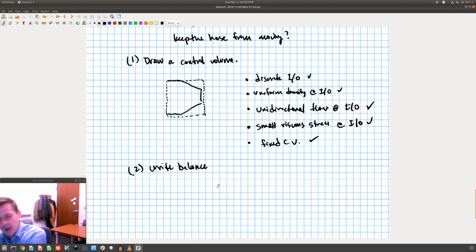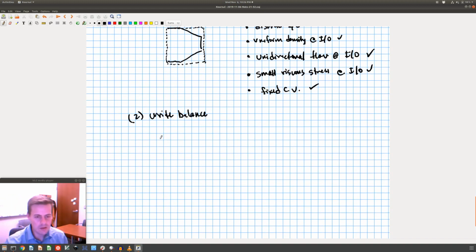For my balance, I'm going to draw a little diagram. I'm going to redraw my control volume, and do something kind of like a body force diagram, but that also has these input and output streams. I've got W in, A in, V in. This is my momentum convected into my box. On the other side, I'm going to have W out, little a out, V out.